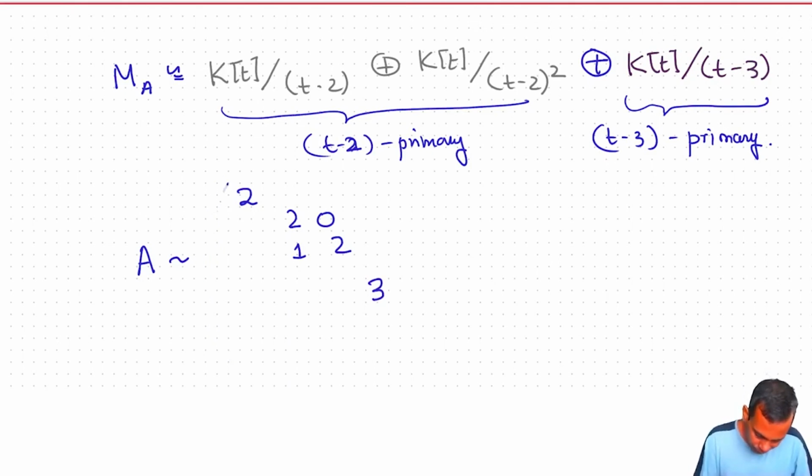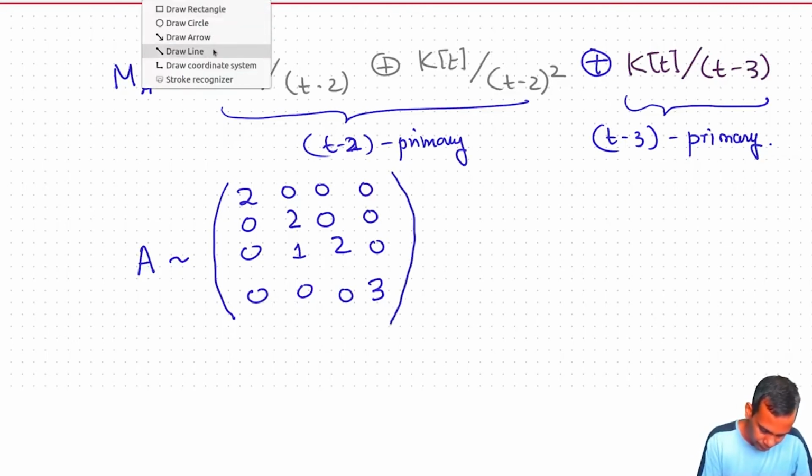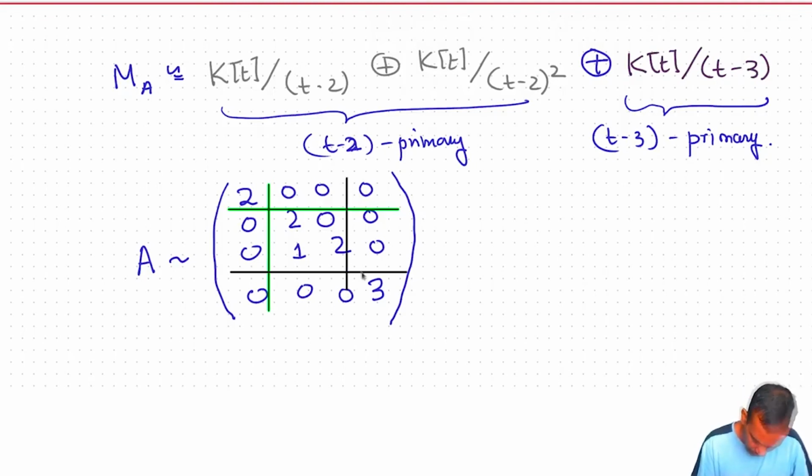So we get the Jordan canonical form of our matrix like this. So the blocks are, there's a 1 by 1 block here, and then we have a 2 primary part separated from a 3 primary part.